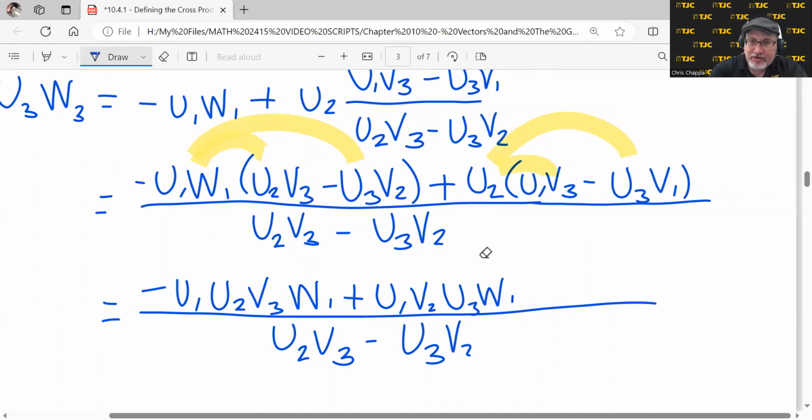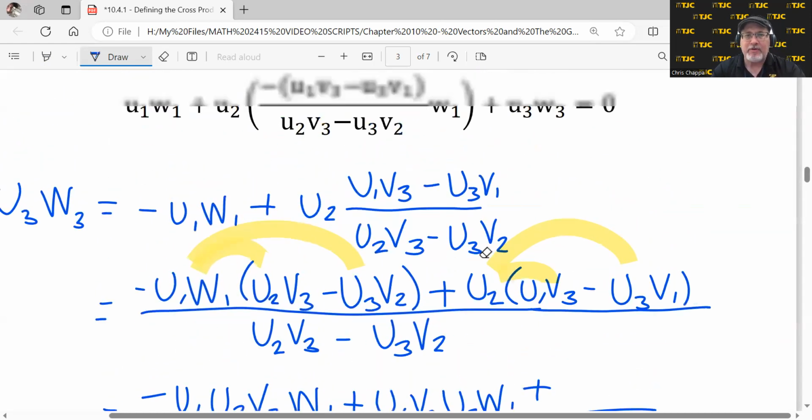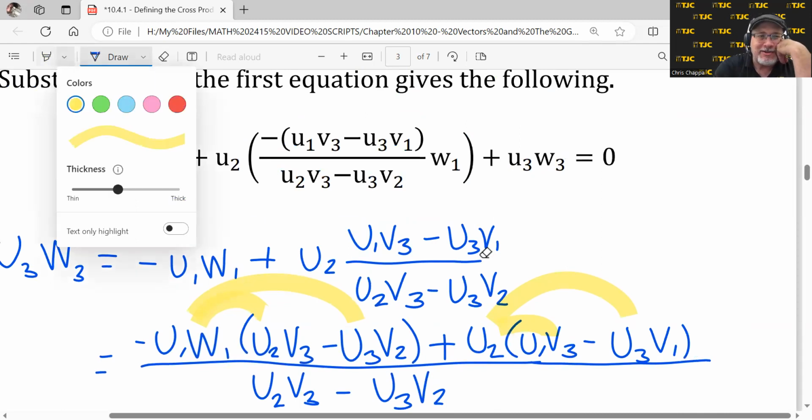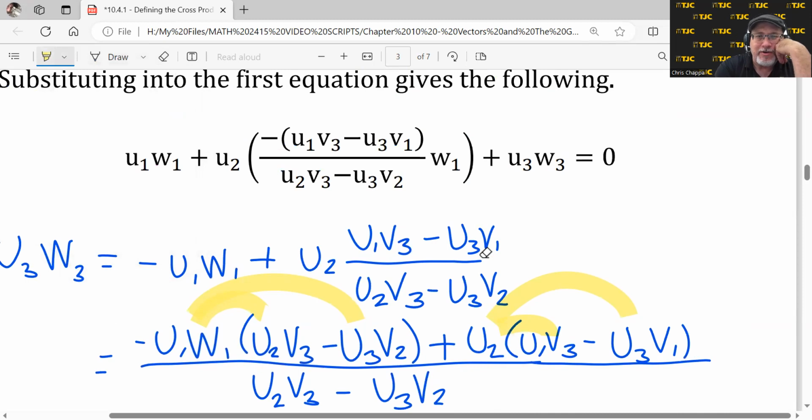And then the second half of the distribution will become, I feel like we're missing something. Hold on. Aha! I lost something. I lost this W1 here. I missed this W1 here when I moved the fraction to the right.